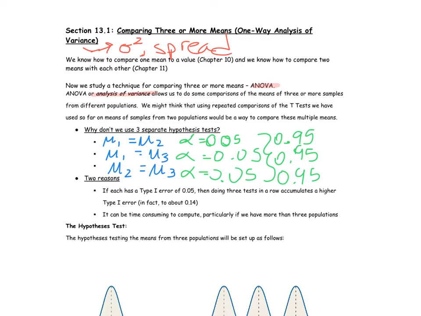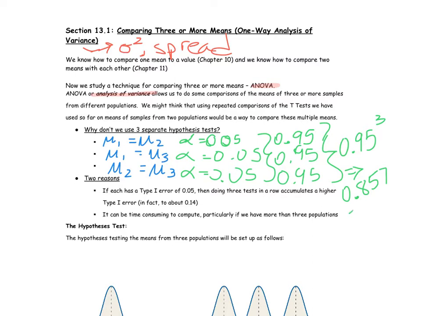So we would run a test correctly 95% of the time. And if we use our multiplication rule from chapter 5, we know that we would run a hypothesis correctly and keep the null when we should, 0.95 to the 3rd power, which is 0.857.